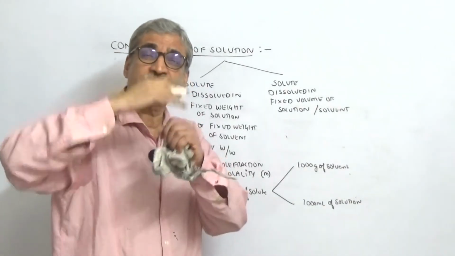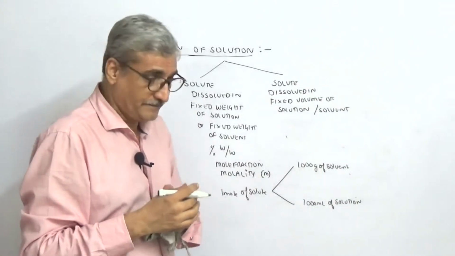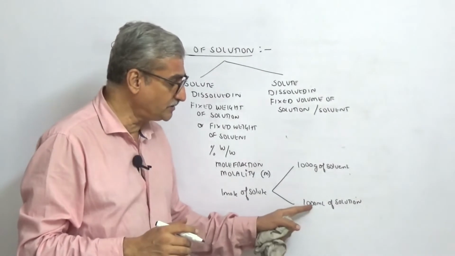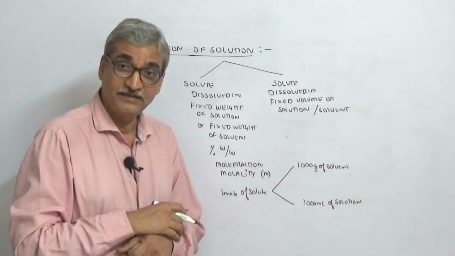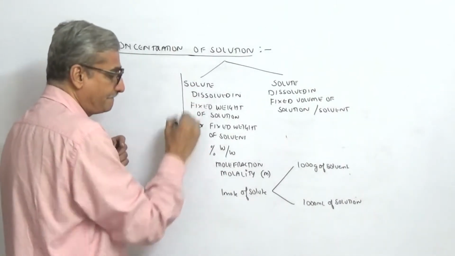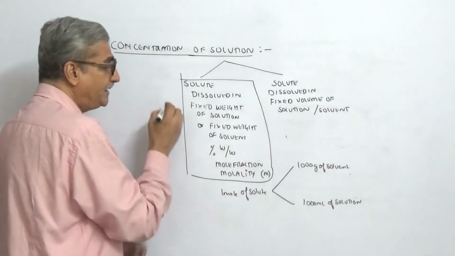You increase the temperature, the volume increases, and the concentration is going to change. It might become 1 mole of solute in 1002 ml of solution. So the concentration term will change. So these kinds of concentration terms are independent of temperature.